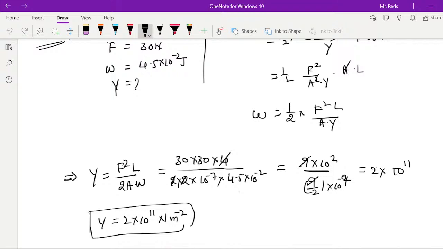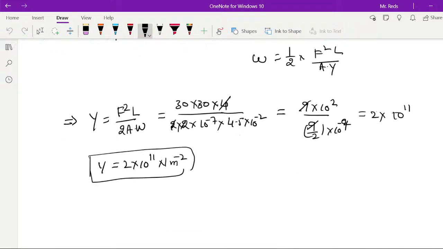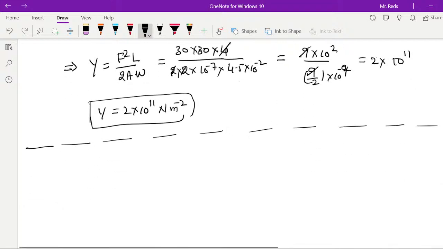Right, next let us see question number 18, Level 2, Exercise 2.